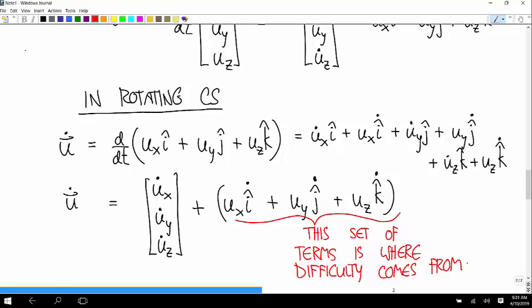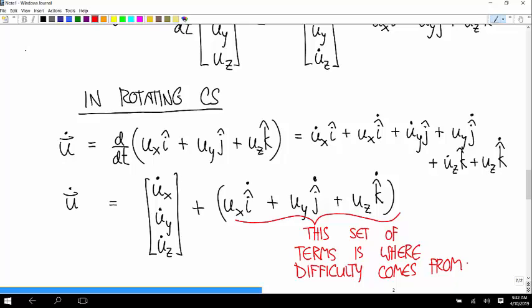All right, so let me just try to help you kind of get your bearings on this. So notice whether you're in a rotating coordinate system or not, you're doing the same thing when you take a time derivative. You start out with these components times the unit vectors in the direction of the axes. And derivatives always require the product rule.